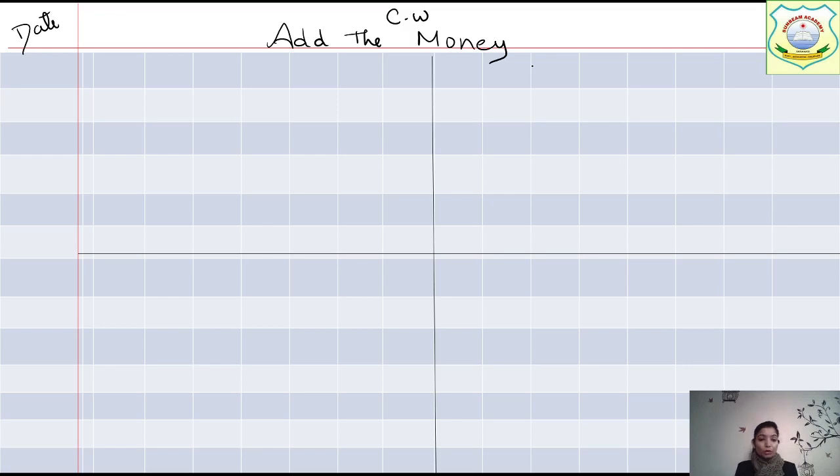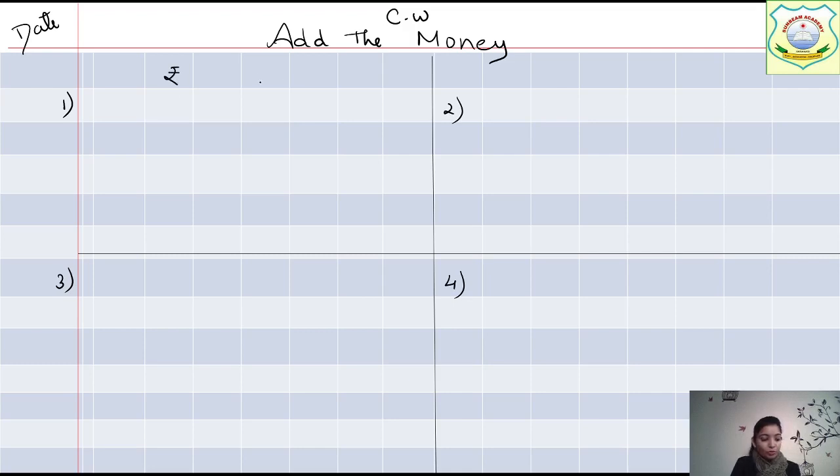Now here I am writing the first question. First, second, third and fourth. Total 4 questions we are going to do in classwork and 4 questions I will be giving you as homework. First you have to write rupees and paise.